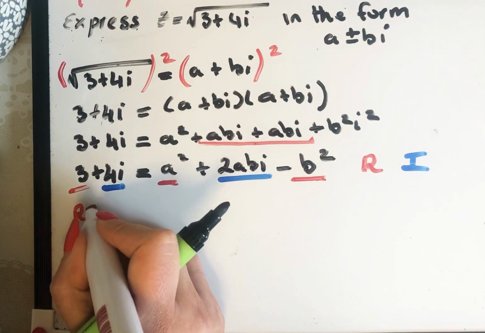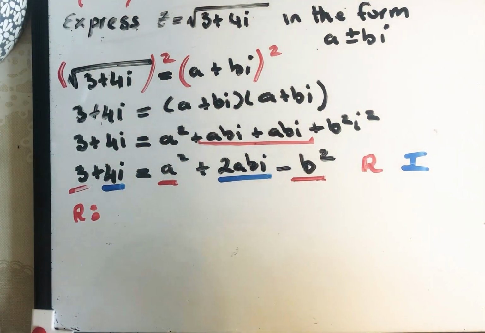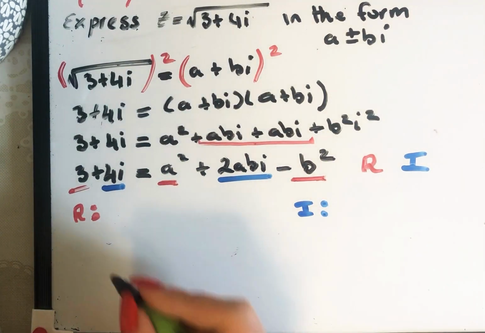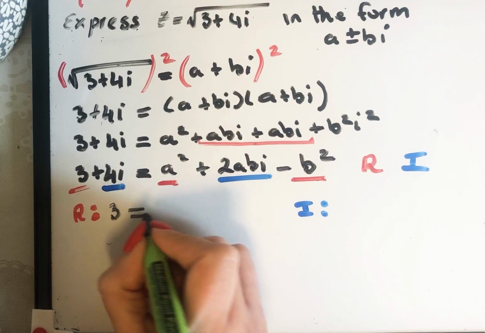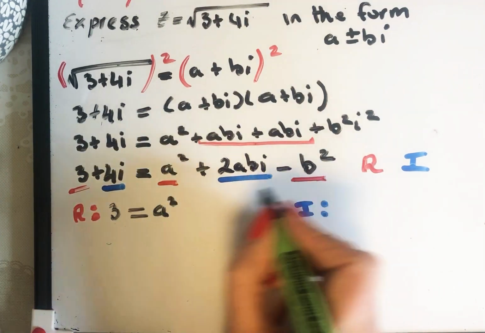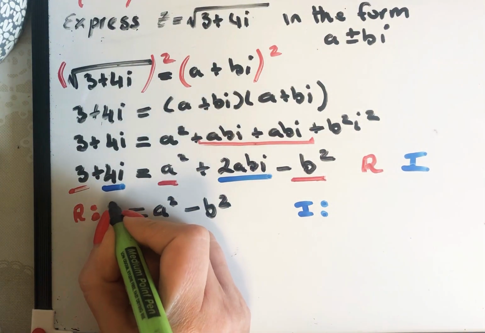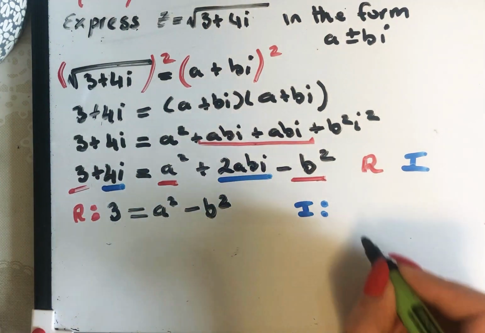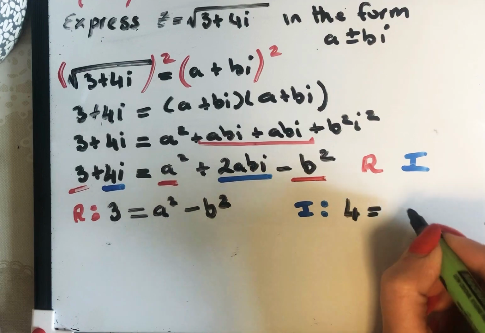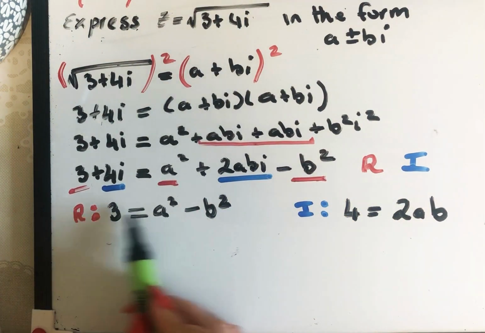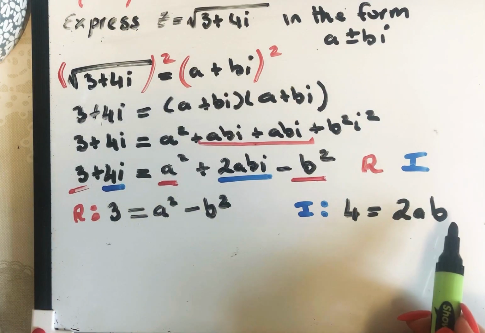So we'll form the real over here and the imaginary equation over here. We have 3 is equal to a squared minus b squared as our real equation. And our imaginary is 4 is equal to 2ab. So here is our real equation and here is our imaginary equation.